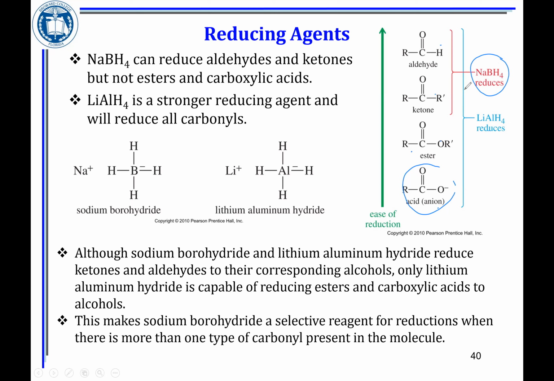A mild reducing agent is easier to use in the lab, because it's not highly exothermic, and the reaction is more smooth. And if it can do the job, you would use that. So just pay attention that only lithium aluminum hydride would reduce ester and carboxylic acid to primary alcohol.